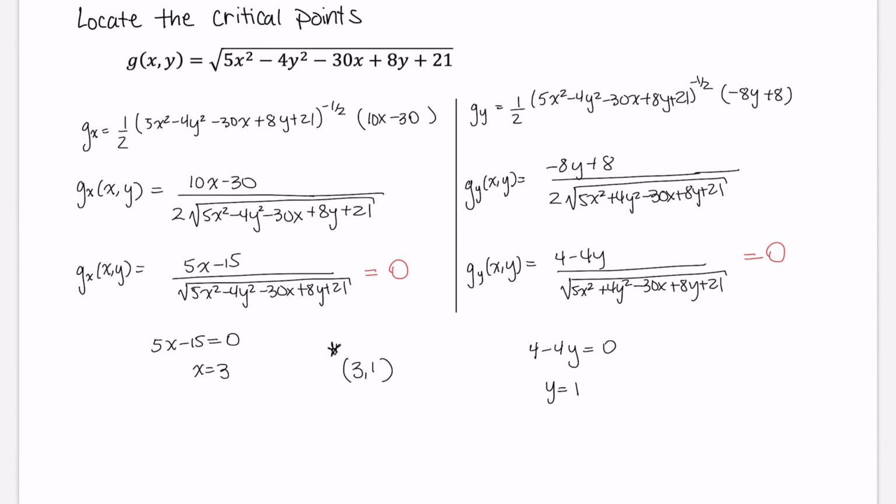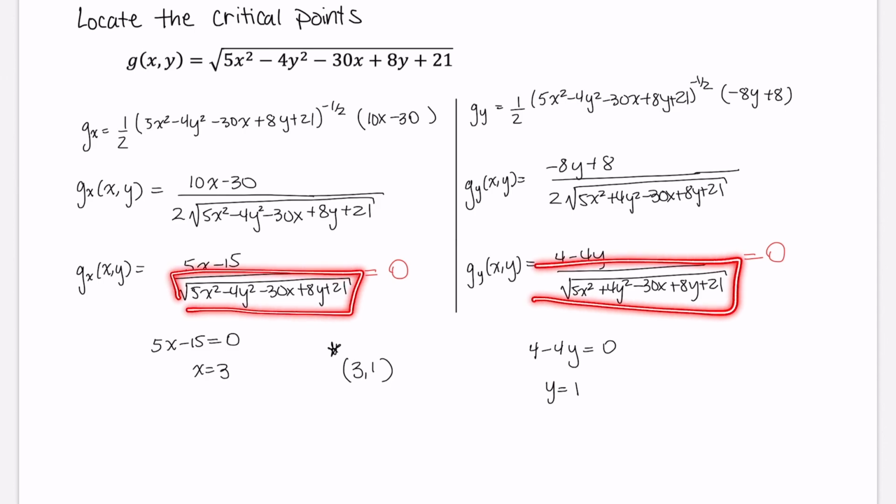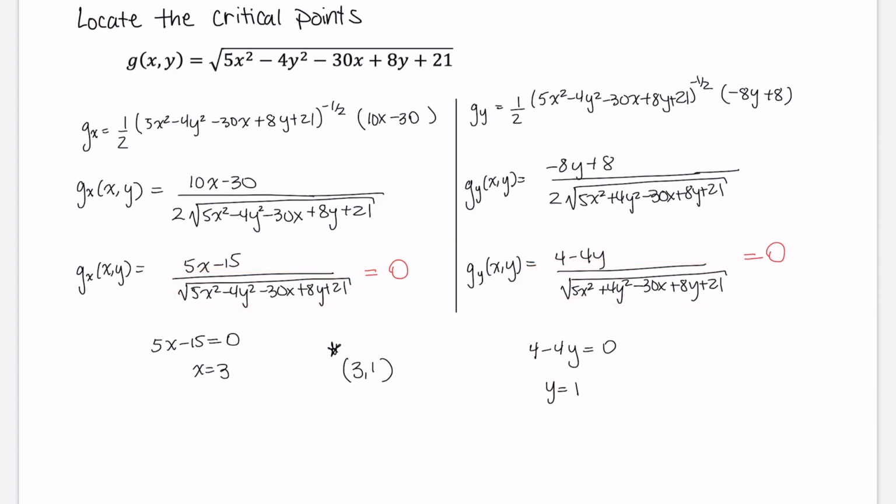Okay, so we also have to look at the places where the partial derivative is not defined. And both of these have the same denominator. When this denominator is equal to 0, both partial derivatives will be undefined. Also, when this polynomial inside the radical is less than 0, both of these will be undefined.